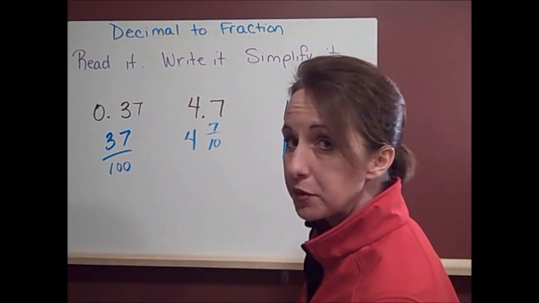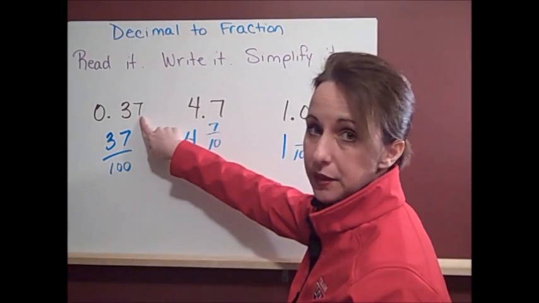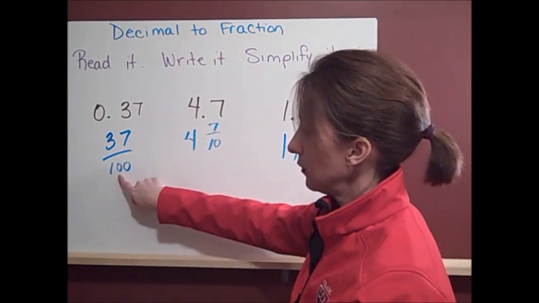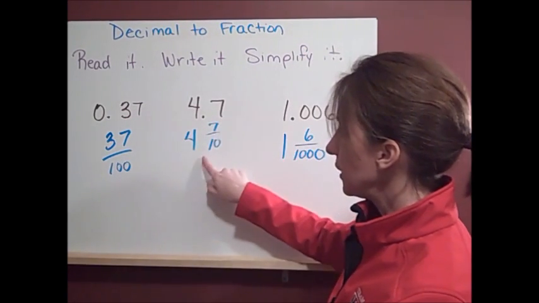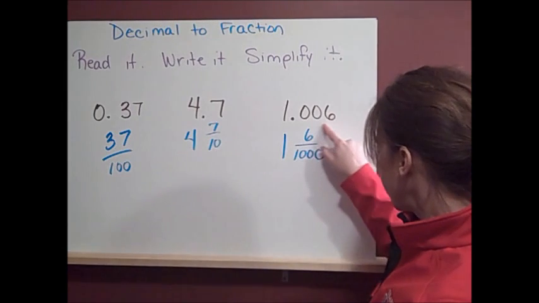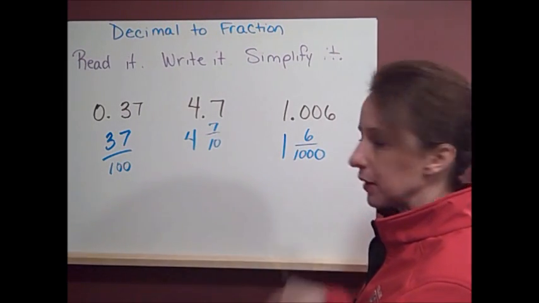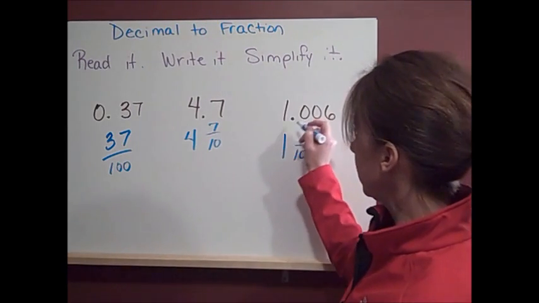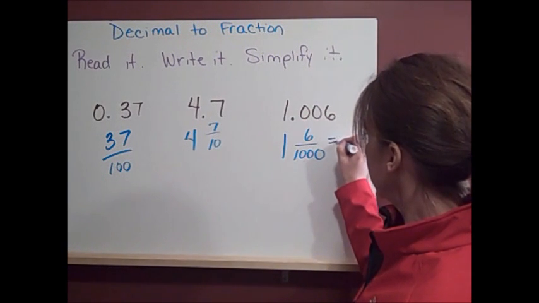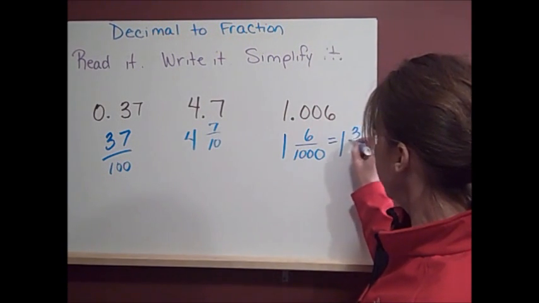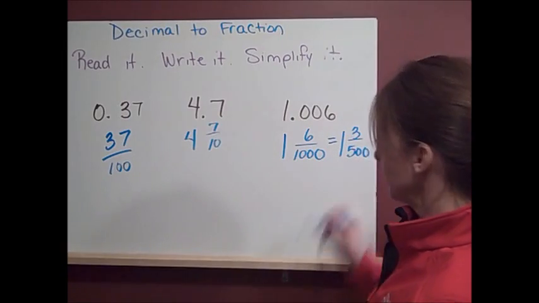Again, remember the relationship between the zeros and the digits. 2 digits, 2 zeros. 1 digit, 1 zero. 3 digits, 3 zeros. Read it, write it, simplify it.